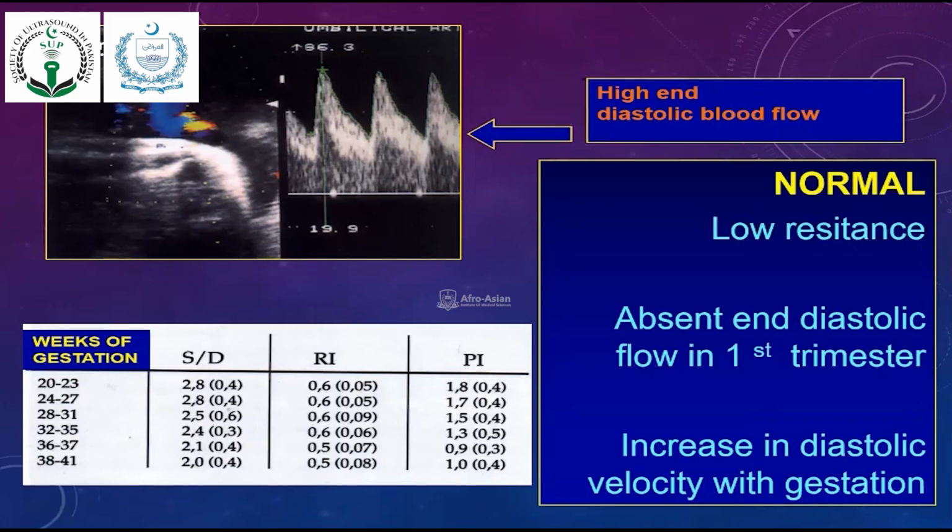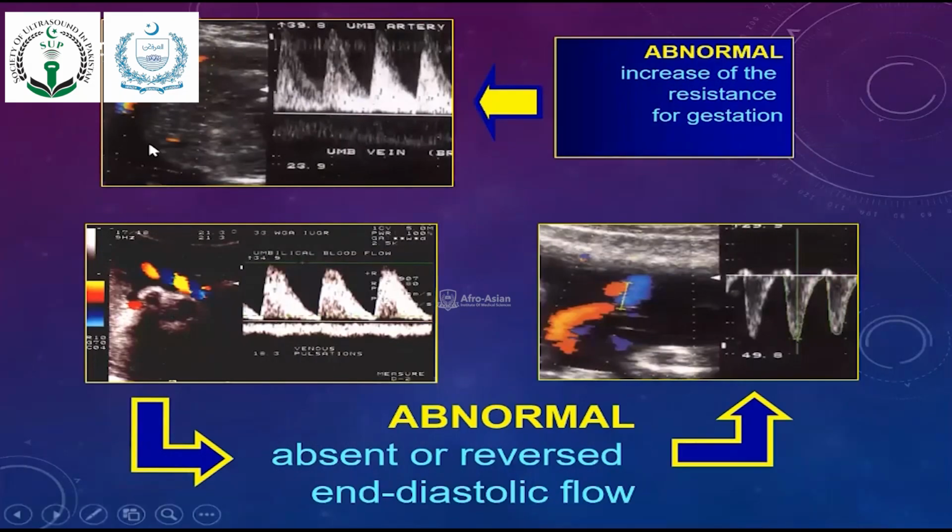It means the systolic will be almost double the diastolic. But if it decreases instead of increasing, we saw that there will be abnormality, an indication of early IUGR. If it is diminished, it will be late IUGR or hypoxia. If there is reversal, it is going from hypoxia to asphyxia.